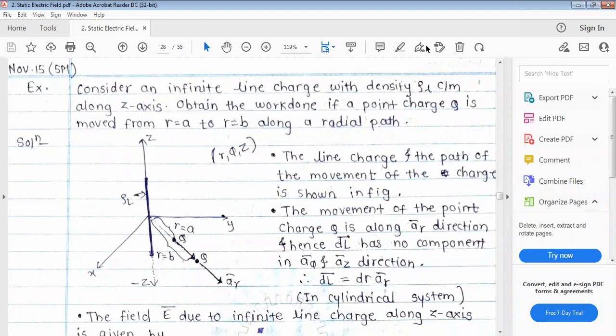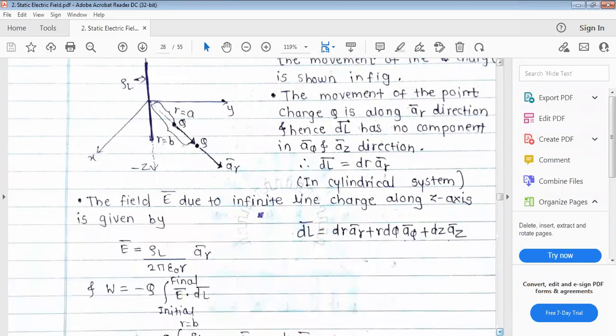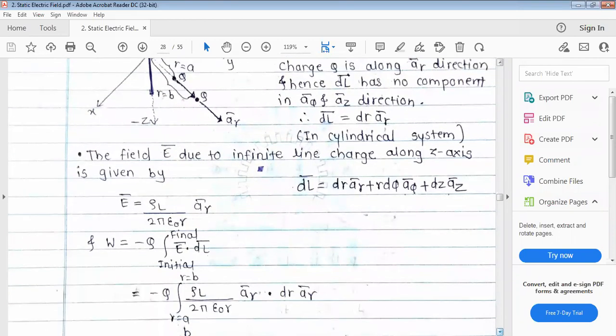Now what are they asking? Obtain the work done. What is the formula for work done? W is equal to minus q into the integration from initial to final of E bar dot dl bar. Now we have to write the equation for E bar.